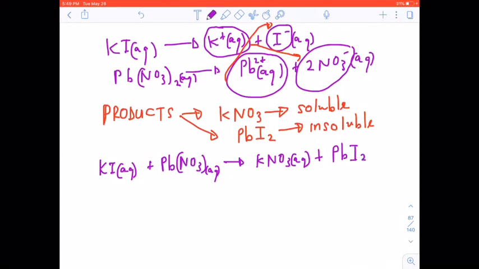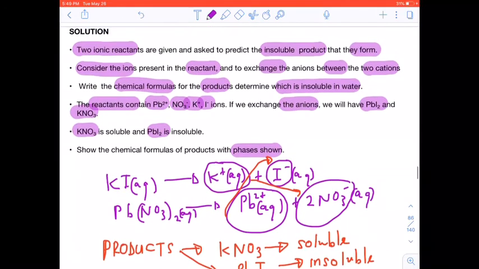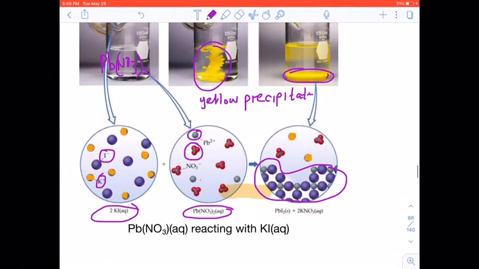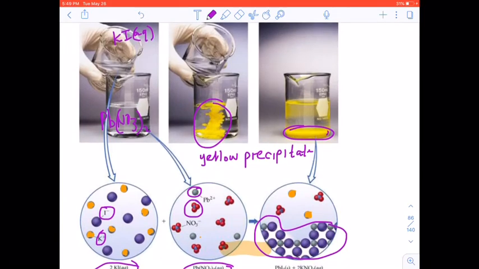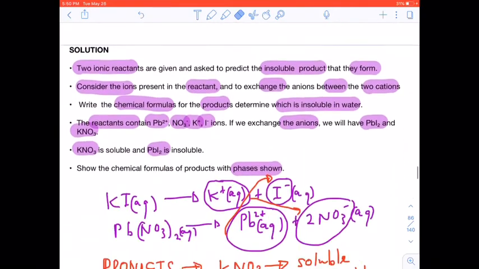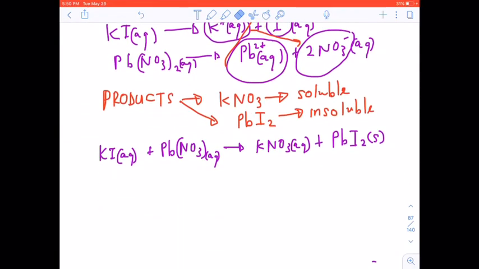PbI2 is insoluble, so we write it as solid. And as you can see, it forms a yellow precipitate here, right there. So that gives us a yellow precipitate. Okay, so there we've got the molecular equation for it.